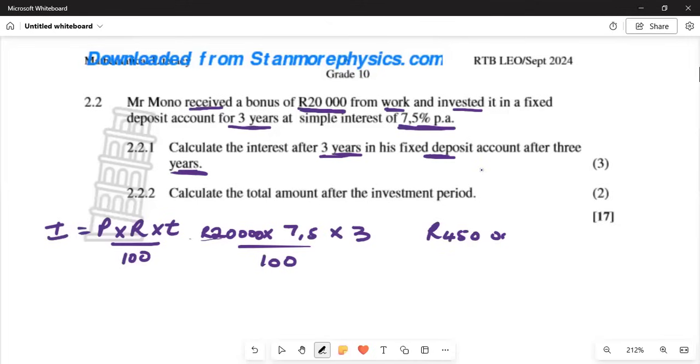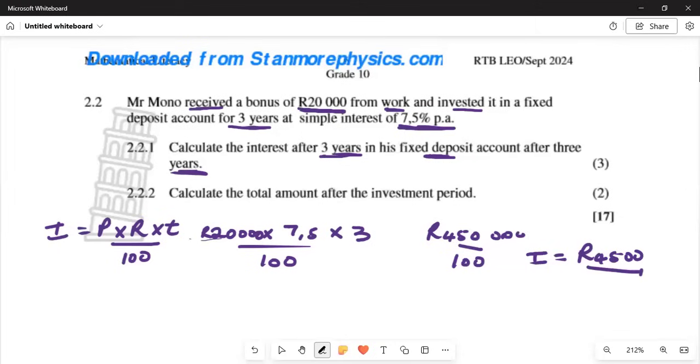And then you are going to divide it by 100. So the interest is equal to 4,500. Then you get your marks correctly.